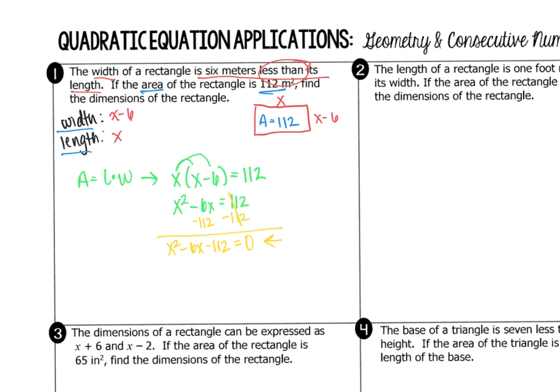So now we're going to try to factor this and solve for x. Again, we're trying to get an answer for x, which is our length, and that will help us find our width. So what we have here is x squared minus 6x minus 112. We can use our factor tree to help us solve this. What multiplies to negative 112 and adds to negative 6?